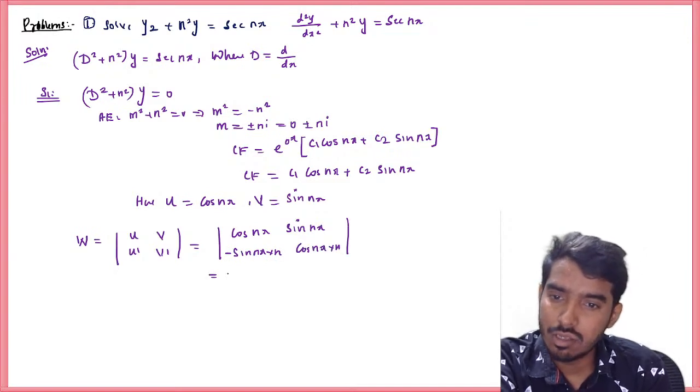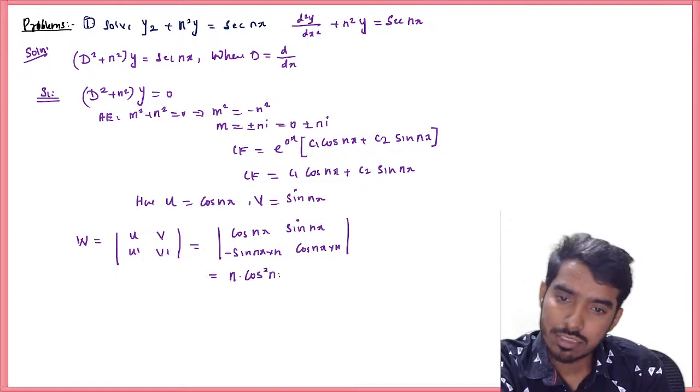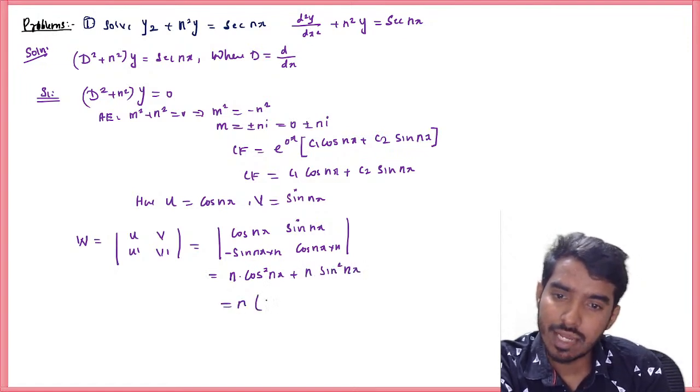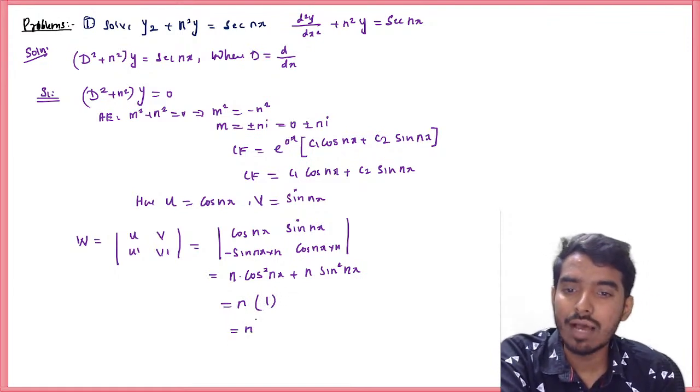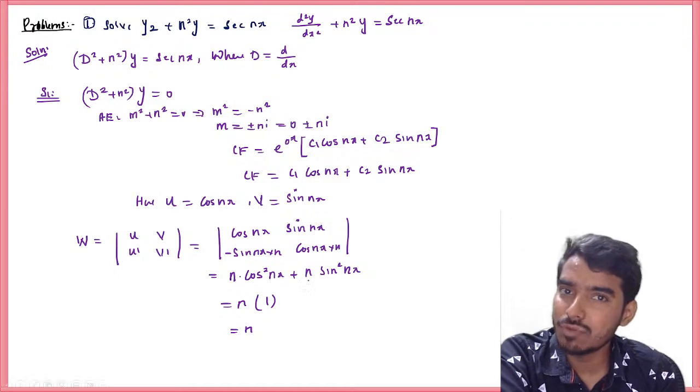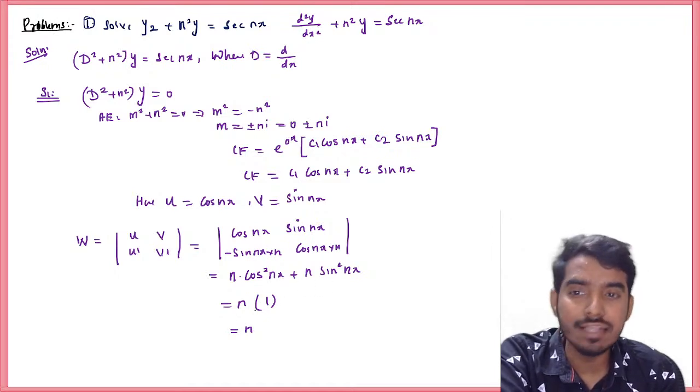If I expand this determinant, we will have n cos square nx plus n sin square nx. If we take n outside, we have sin square nx plus cos square nx, which is 1. So n is your W.